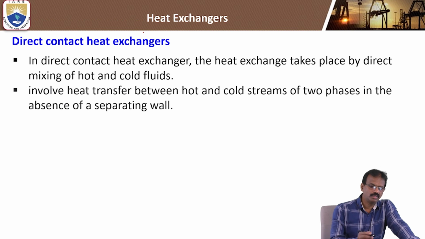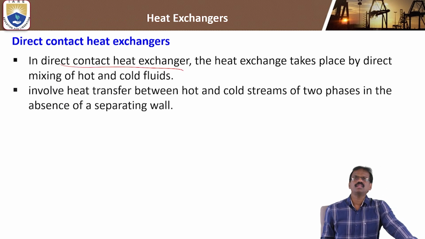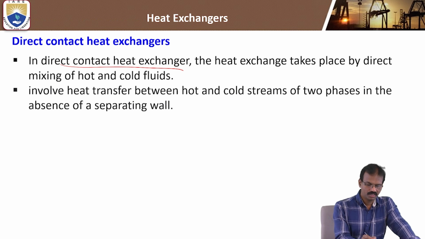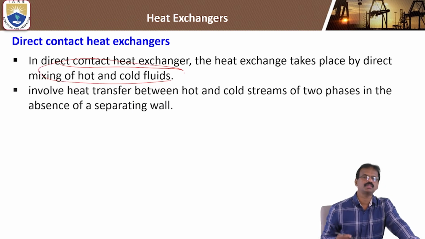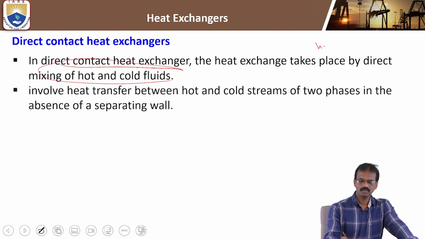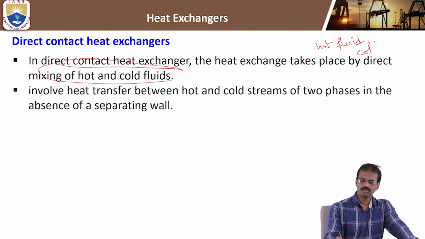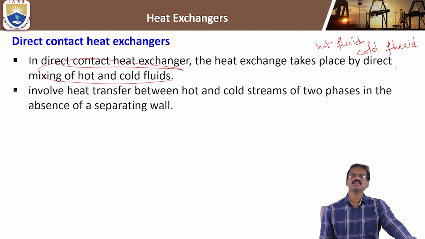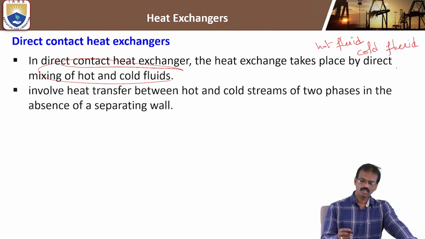In direct contact heat exchangers, the heat exchange takes place by direct mixing of hot and cold fluid. Only two fluids are there in the heat exchanger, and heat transfer takes place from the hot fluid to the cold fluid.